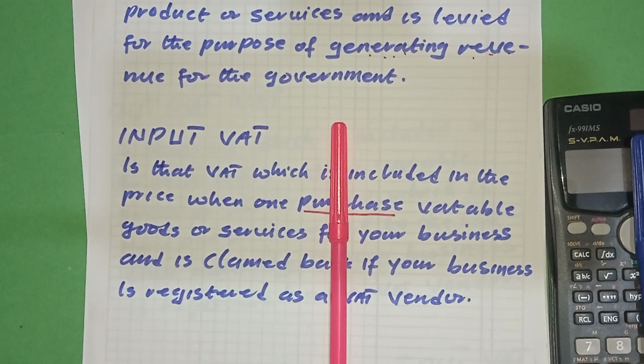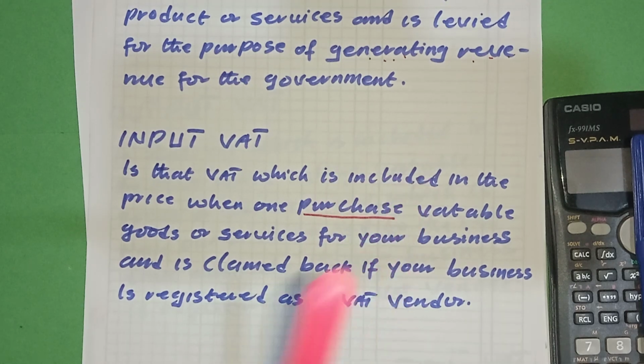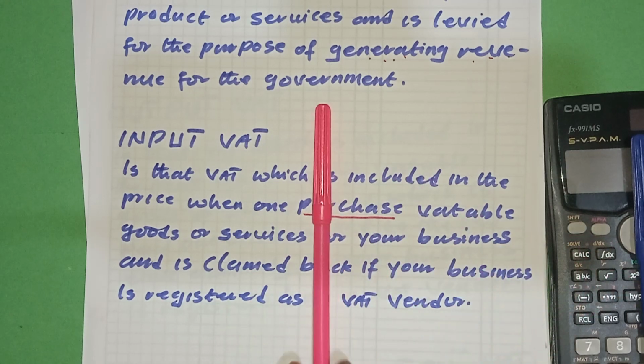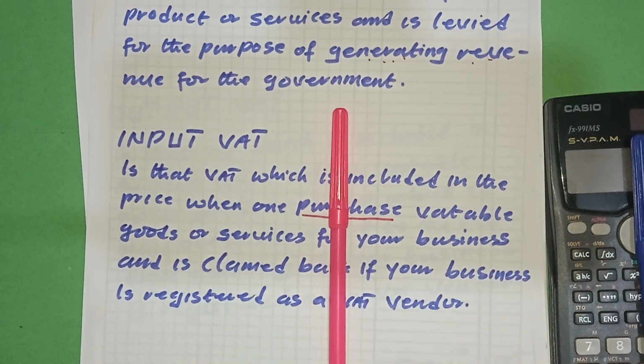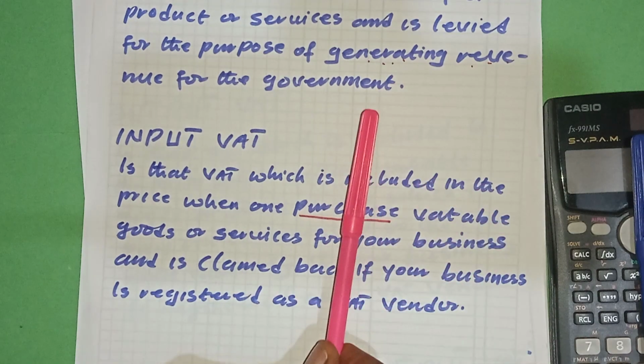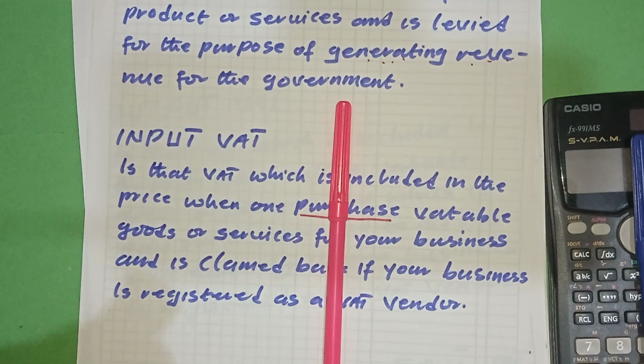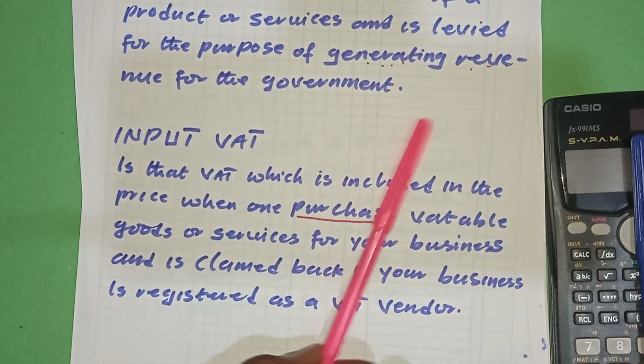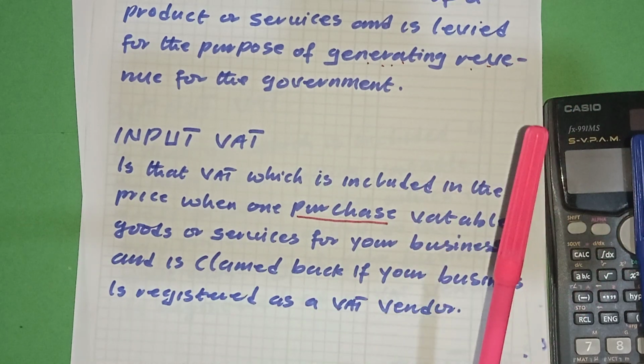But because the person has added VAT on it, I'm now buying it for 17 naira. And again, I am going to buy this so that I will resell it. So I will pay 17 naira. Input VAT, I will input 2 naira on top to make it 17 naira. I will now get this pen.